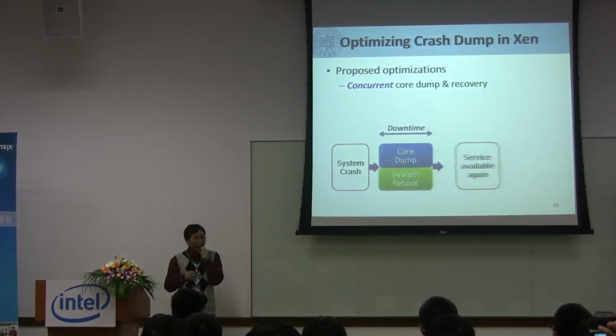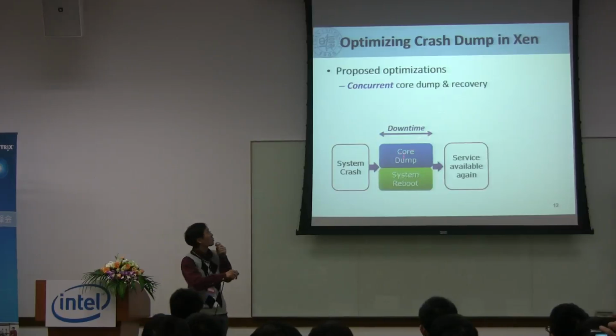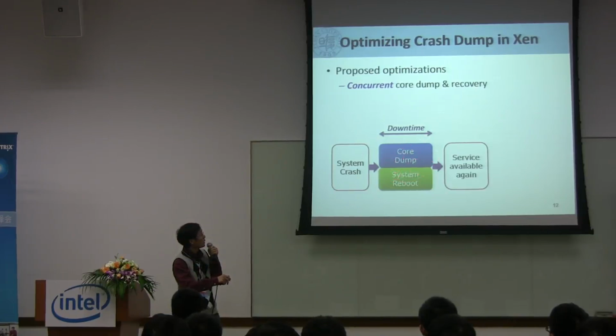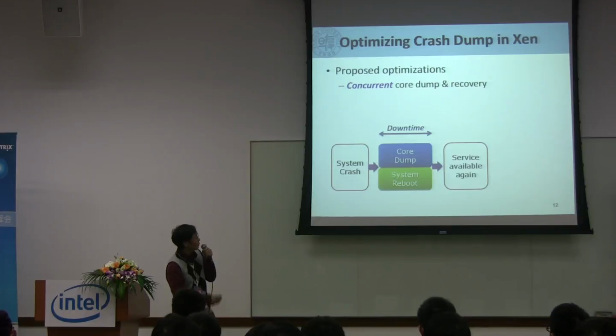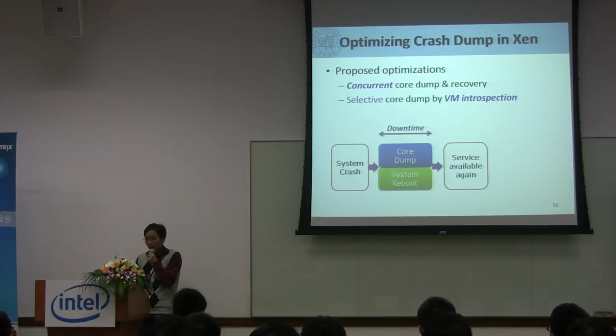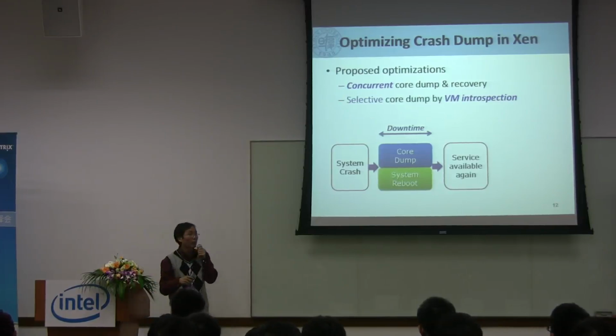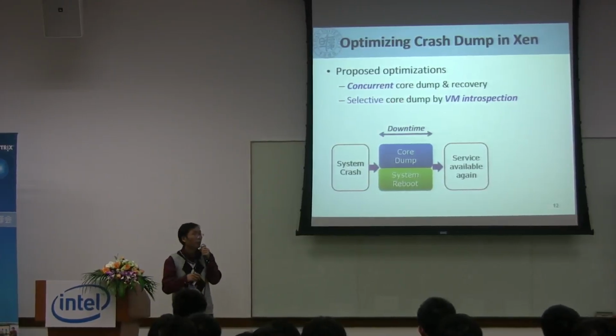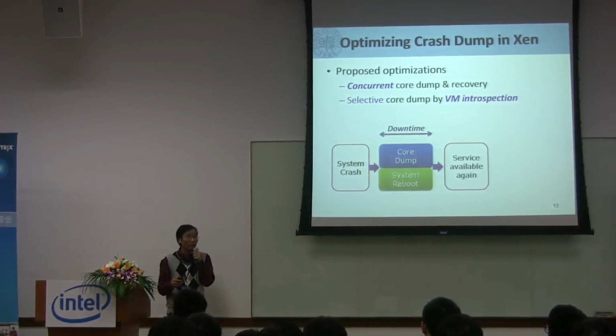The basic scheme is that while the crash dump is on the fly, we simultaneously start another virtual machine running on the same disk image, so that the downtime incurred by crash dump can be minimized. We also use virtual machine-based introspection to do some selective crash dump to further minimize the downtime.